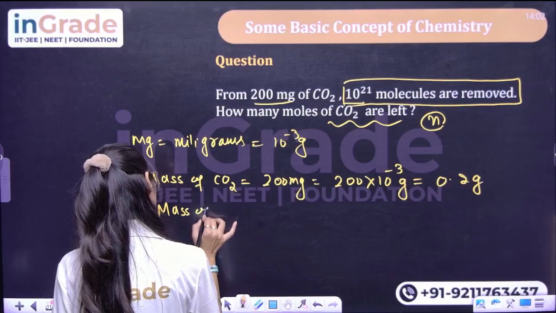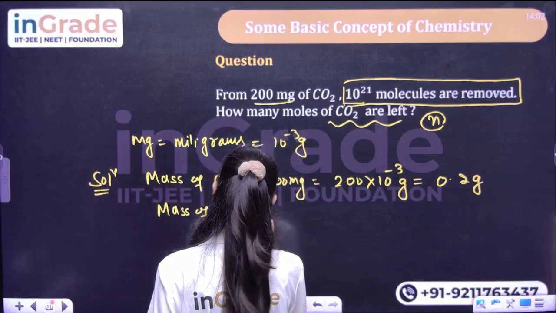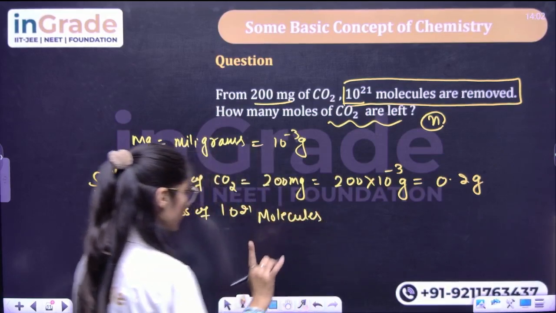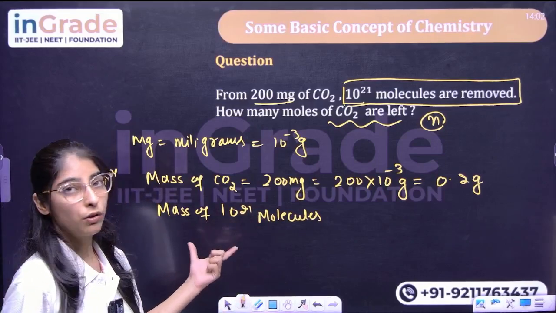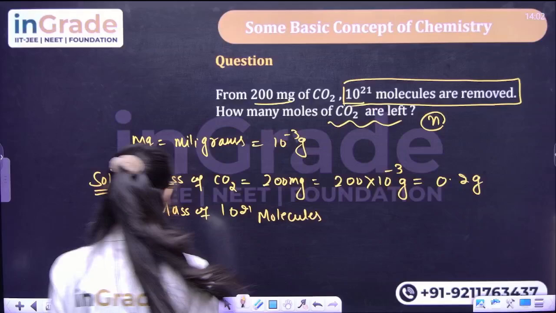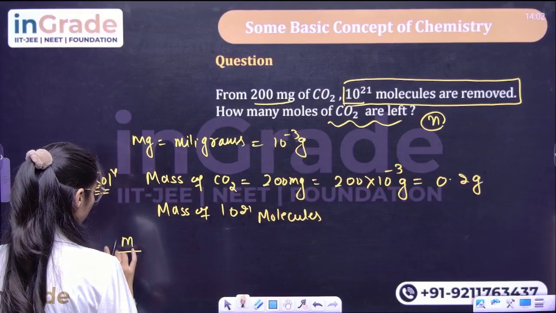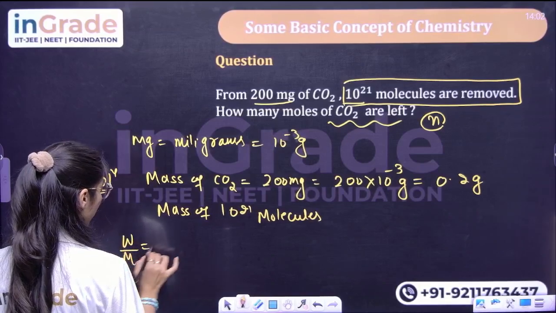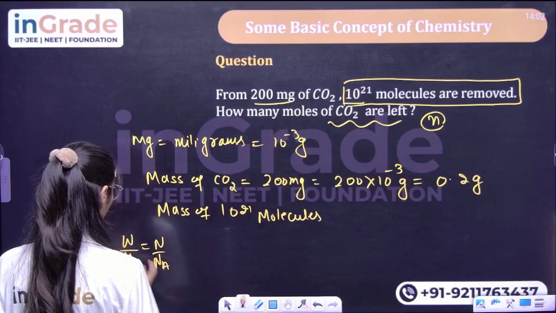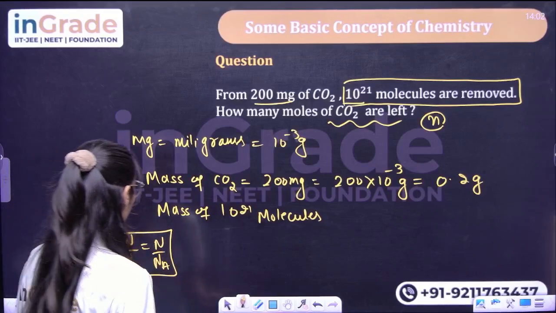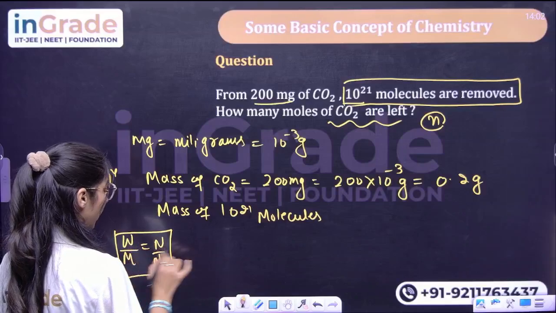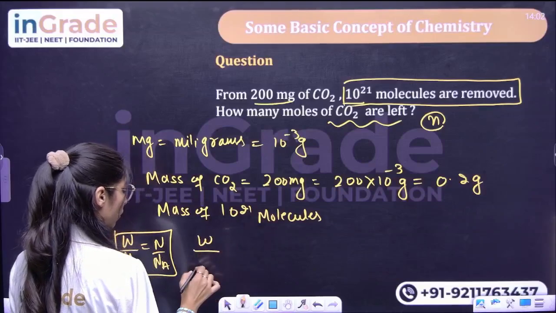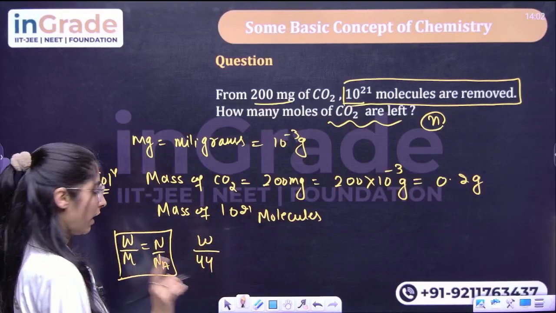Just wait. Mass of 10 to the power 21 molecules. See which formula we are going to apply here. We all know that given mass, I would write it like W by M, that is equal to N by Na, right? So here if I want to calculate W, the molar mass of CO2 is equal to 44 gram, right?